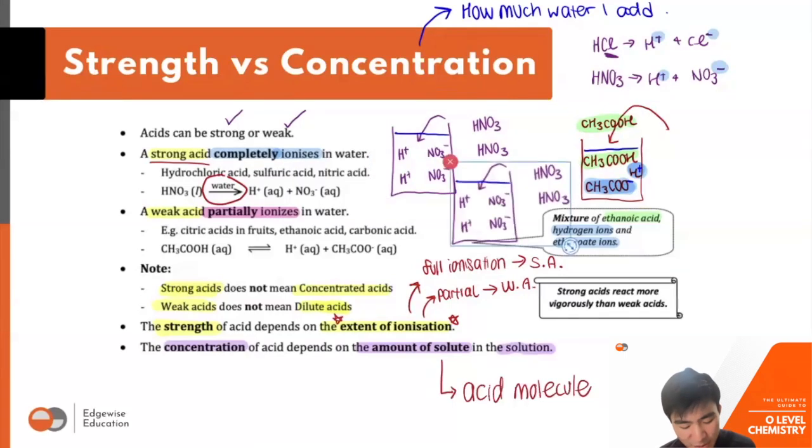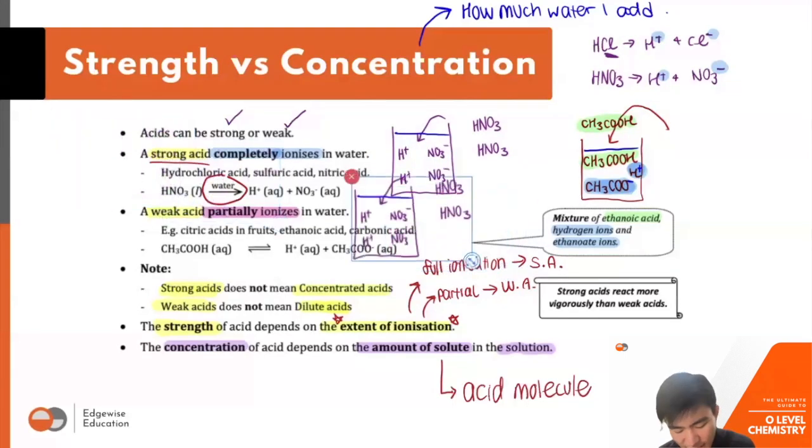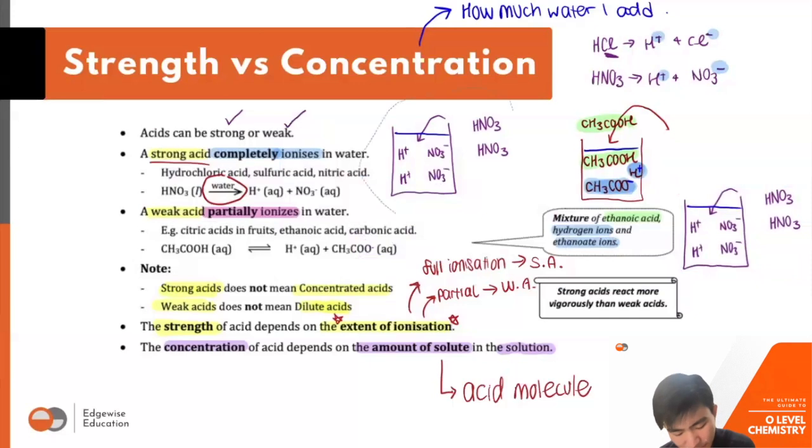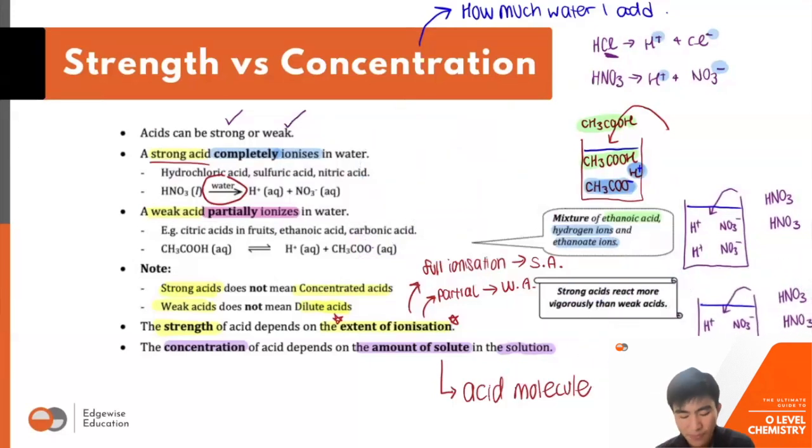No need to draw, just listen to me. Now I have two scenarios over here. Look at this on the right-hand side. Let me just clean this up a little bit.